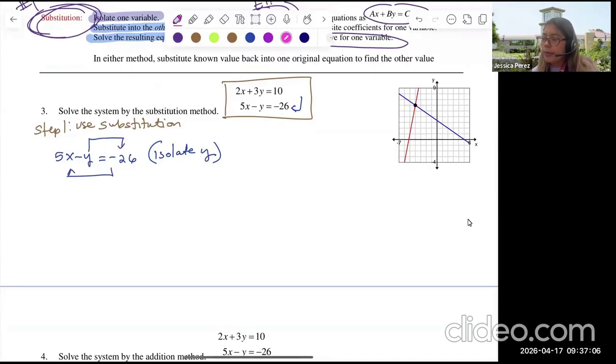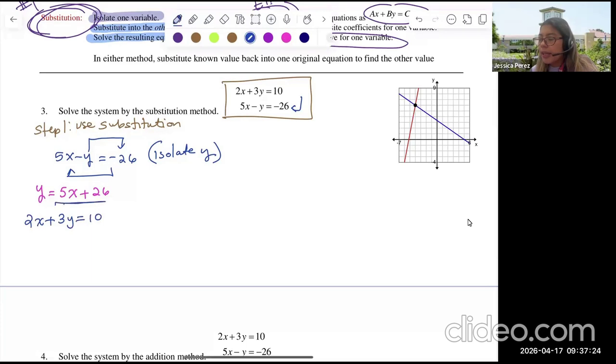So then you have y equals 5x plus 26. See how the y moved to the other side, and the 26. Now you have your other equation, which is 2x plus 3y equals 10.